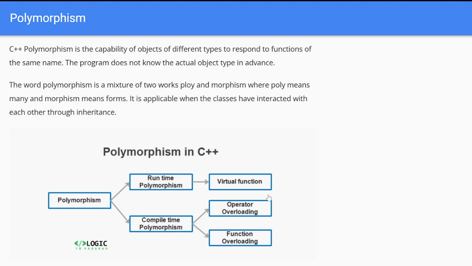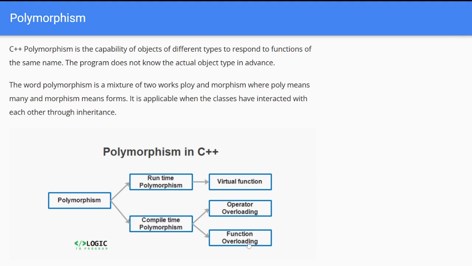At compile time, we have operator overloading and function overloading. When we talk about function overloading, there is an example: you can have multiple functions with the same name, and this is called function overloading.